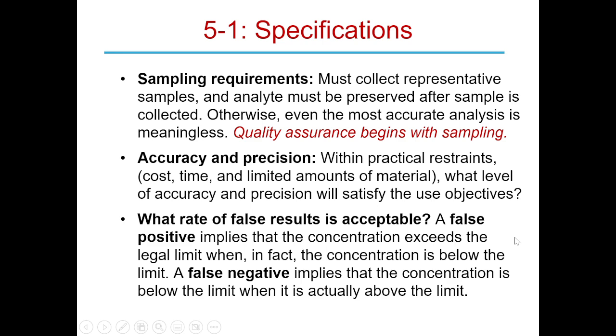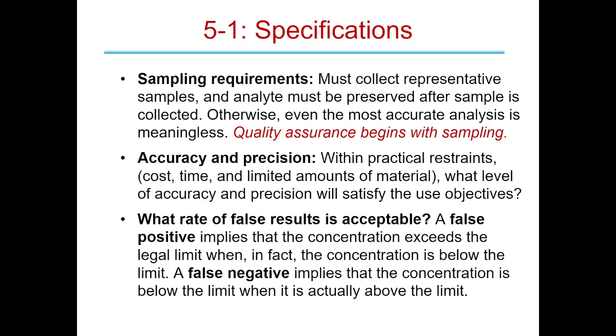So what rate of false results is acceptable? A false positive is going to imply that the concentration exceeds the legal limit when in fact the concentration is below the legal limit. That was what was happening in COVID tests.